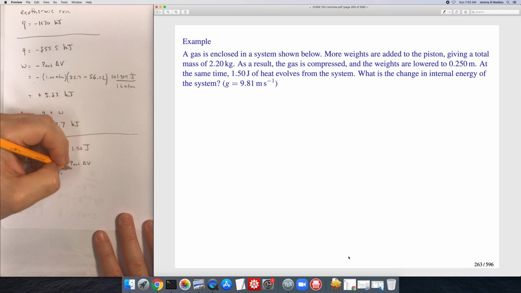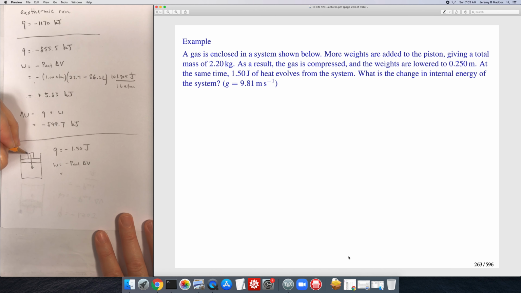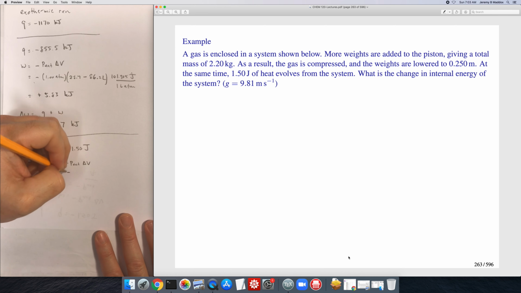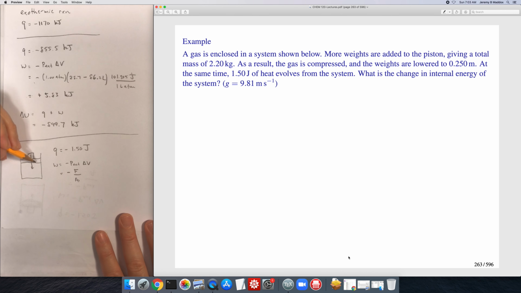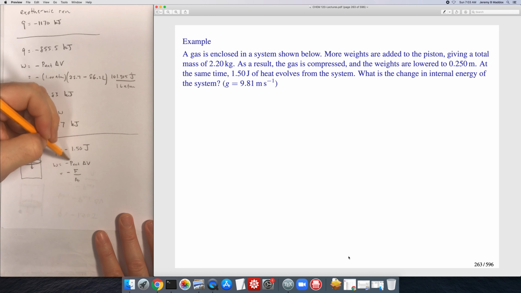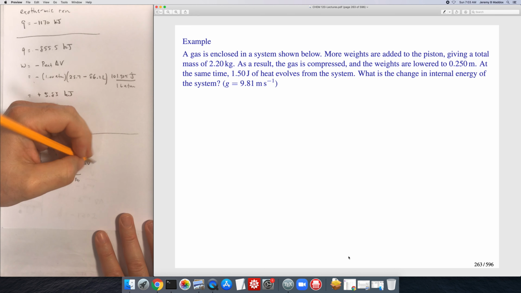The external pressure is due to the mass. Okay, and so there's a force of gravity pulling down on the mass. We're going to write the external pressure as a force divided by a unit area. So the piston has a surface area, and then the mass exerts a force on that area. And that's what pressure is. It's force per area.